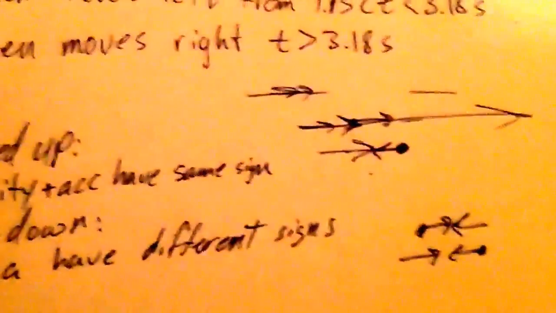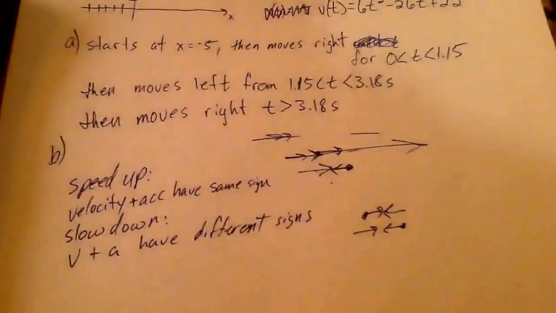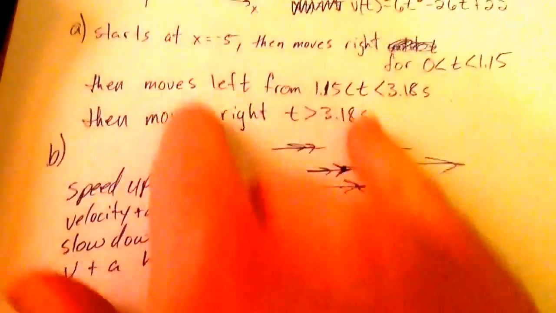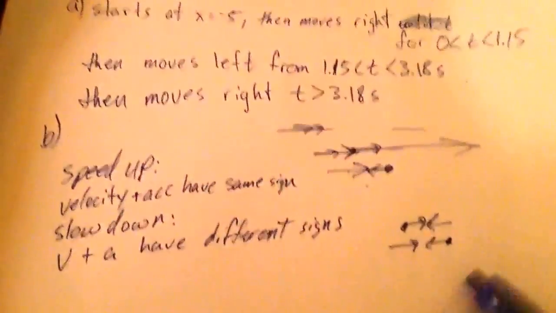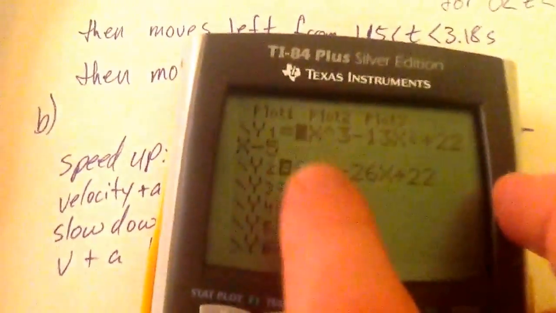So to actually do this, you've got to check a lot of stuff here. Easy way to do this is kind of make a little chart. I'm trying to move my paper. Let's see, what do we know? We know which way it's moving, right? We know where the velocity is positive and where the velocity is negative. Didn't we figure that out? Here's my velocity equation.